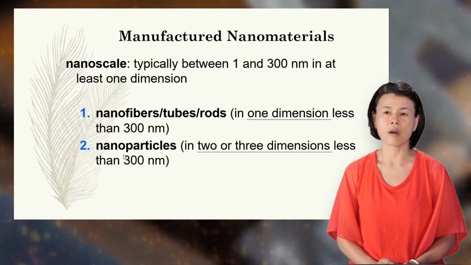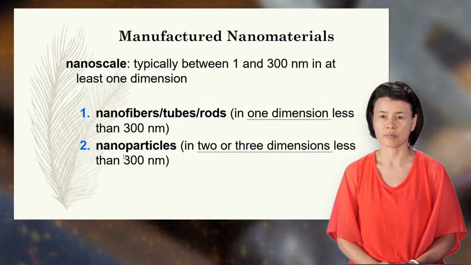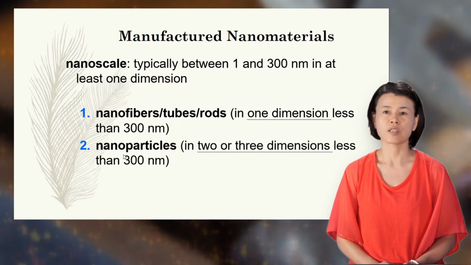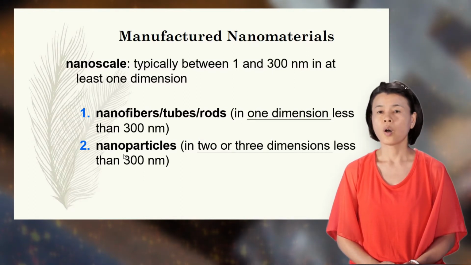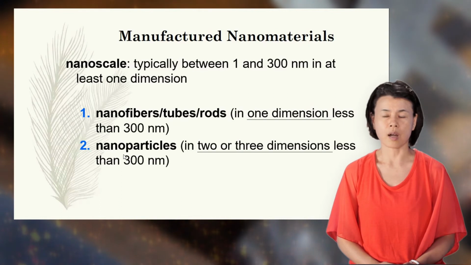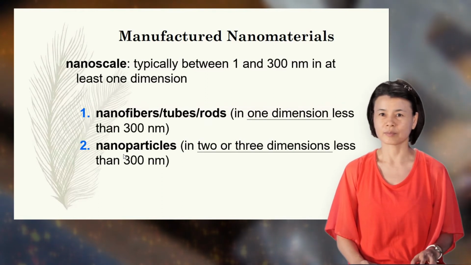Nanomaterials could be nanoparticles when 2 or 3 of the dimensions are less than 300 nanometers. So, nanofibers, nanotubes, and nanorods are one dimension at the nanoscale, while nanoparticles are 2 to 3 dimensions at the nanoscale. Was that clear? Alright, let's move on.